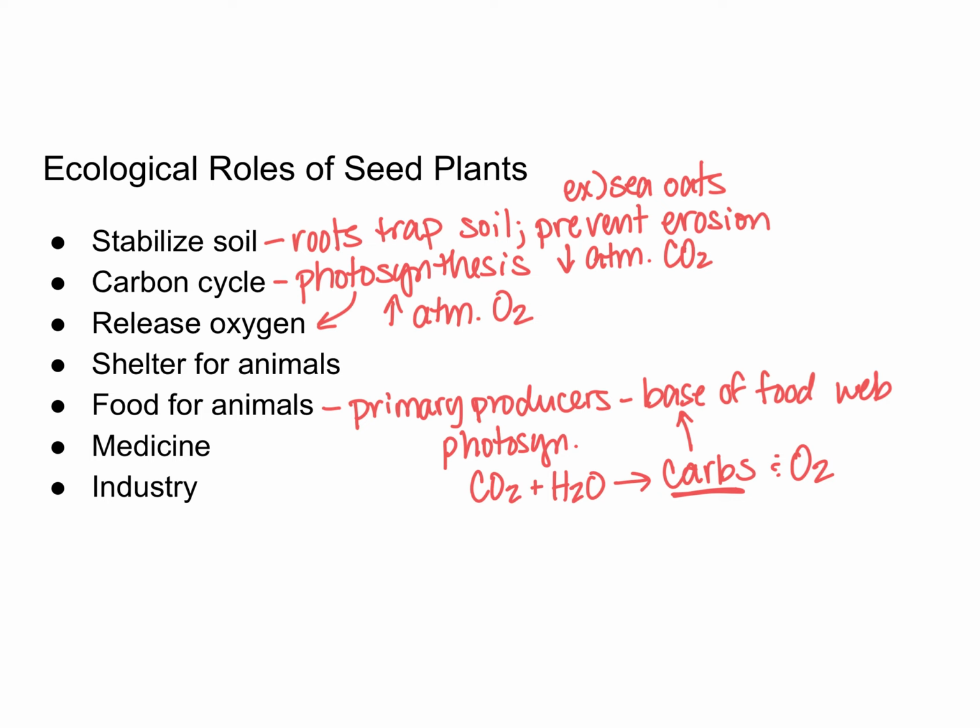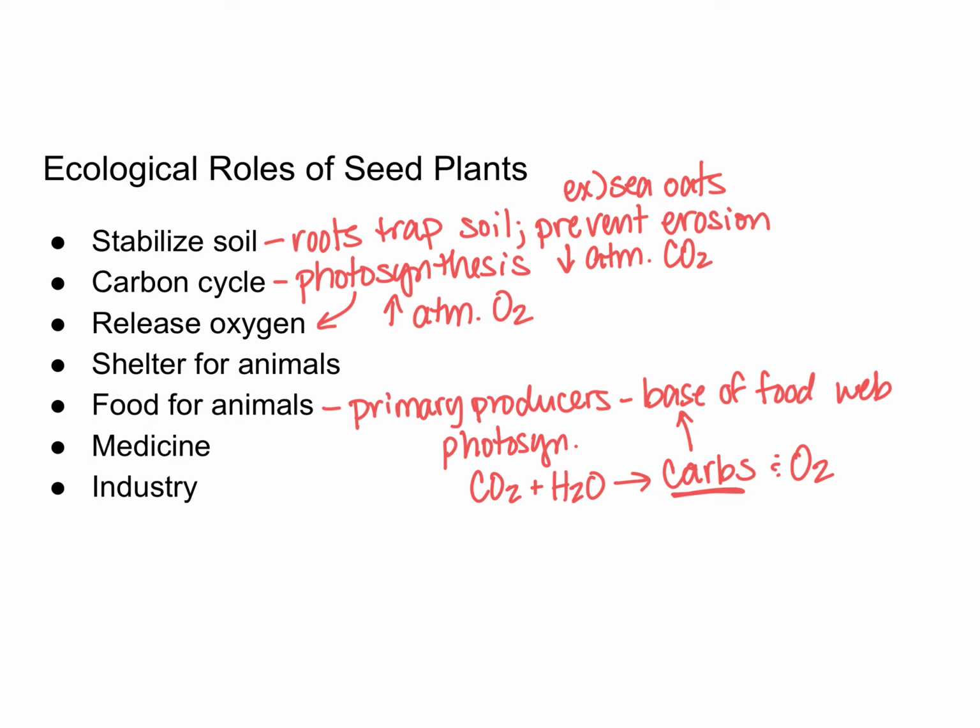A lot of seed plants are also used as medicine, and we'll talk more about that on a separate slide. And then some of them are used in industry. So there might be different chemicals that are pulled from a plant that are then isolated and used.